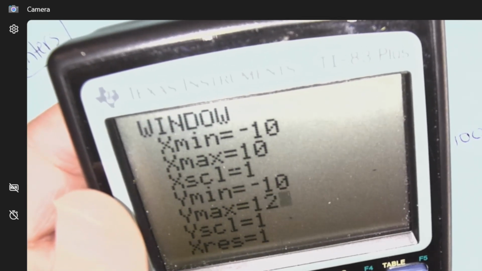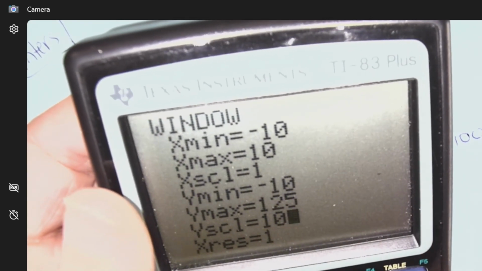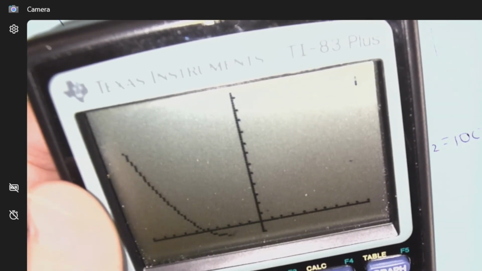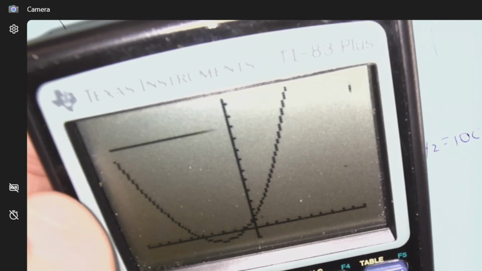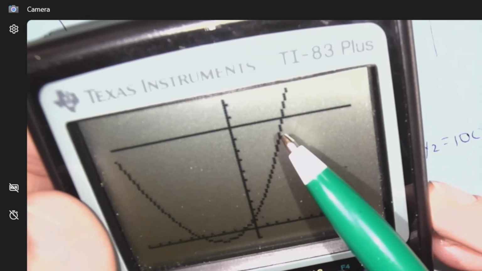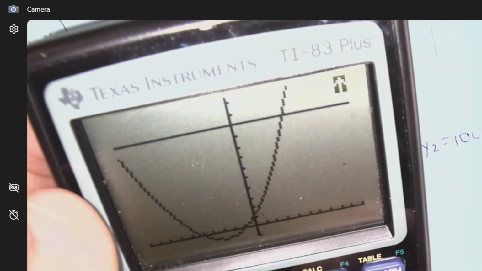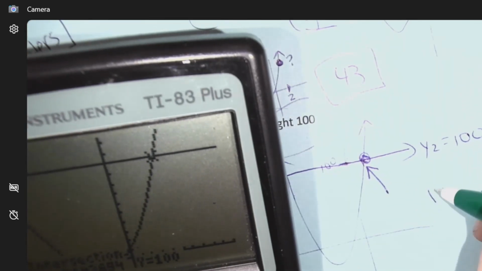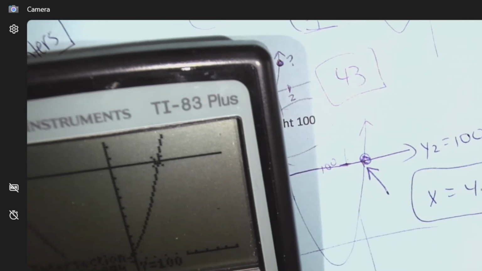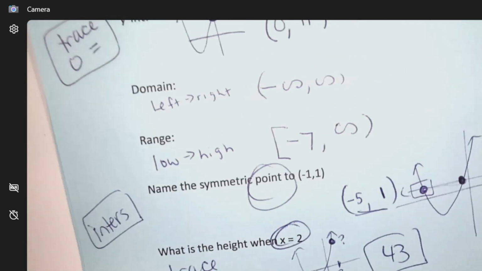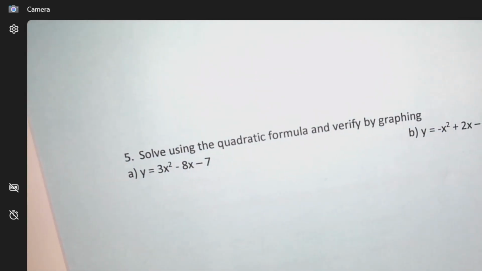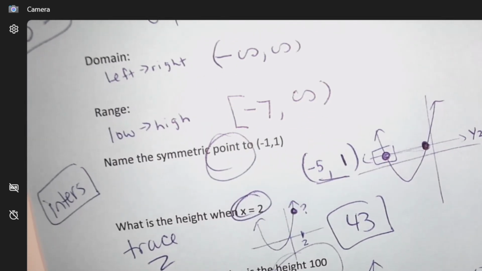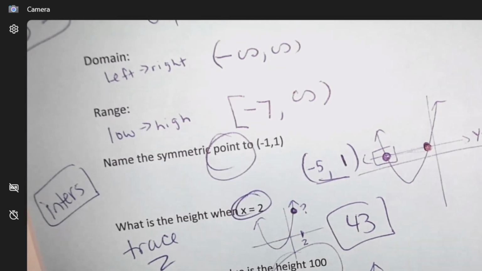So I'm going to go to 125, and I'm going to make each tick mark 10. There's the intersection I want. 4.31.